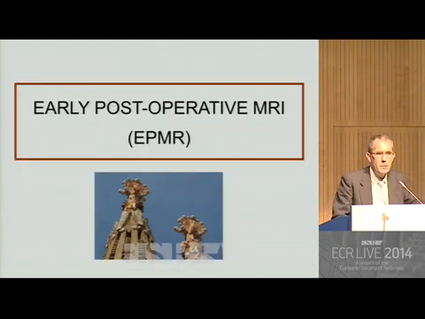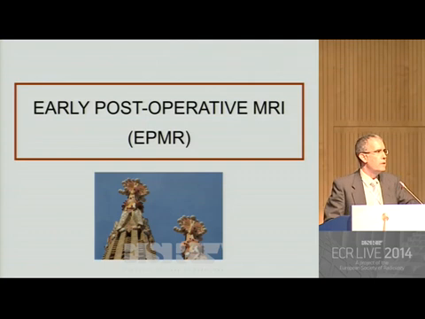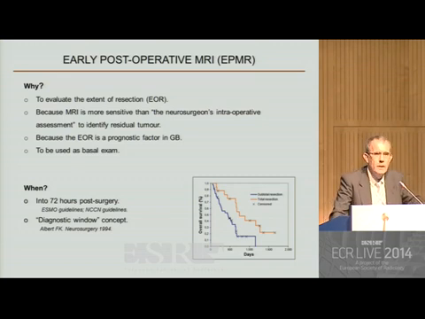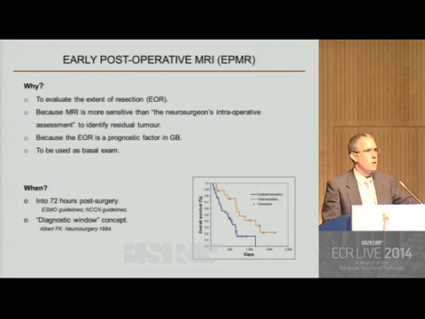So the first exam to be evaluated will be the early postoperative magnetic resonance, the EPMR study. And we must do this exam to evaluate the extent of resection. Different to what happens with other tumors, the pathologists cannot evaluate the extent of resection in brain tumors, because an en bloc resection of high-grade gliomas is not possible, and what the pathologist receives are small pieces of tumor.